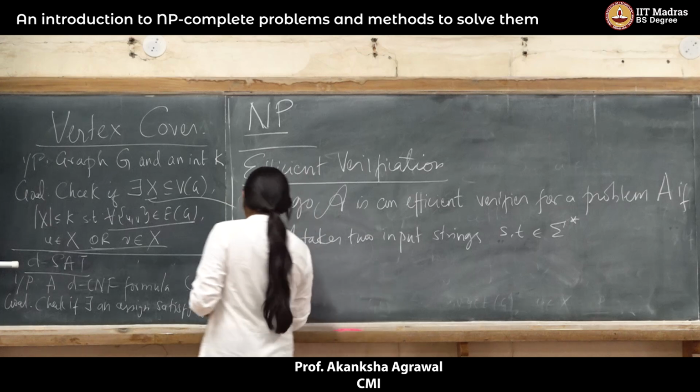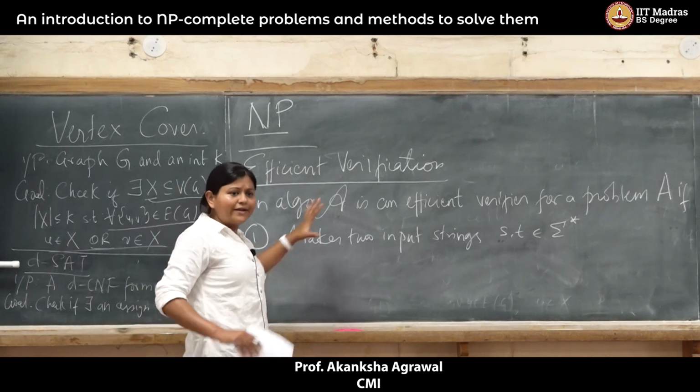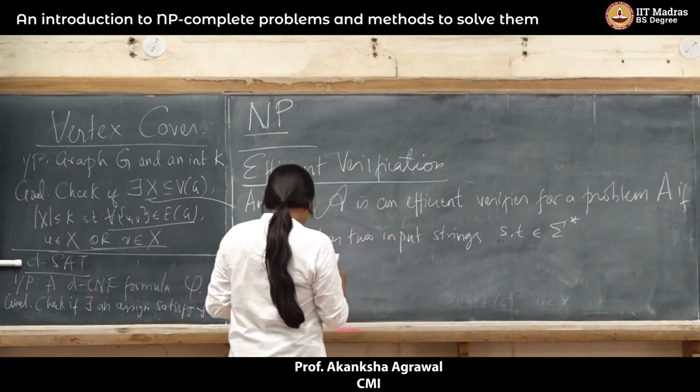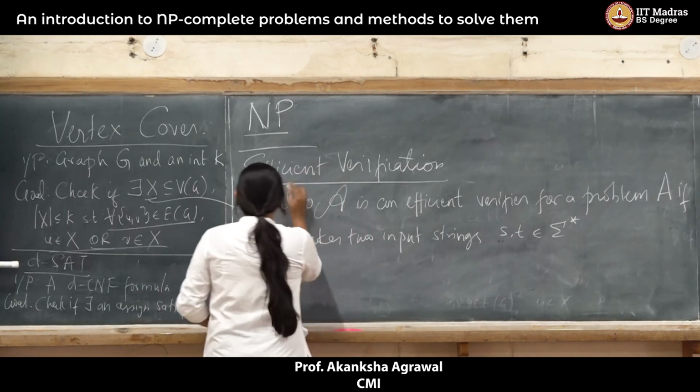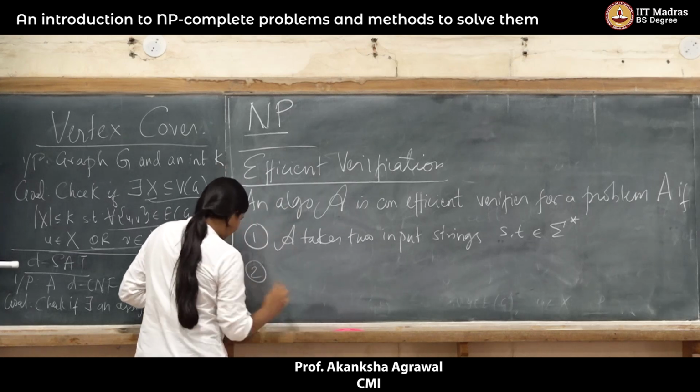Now, what is this algorithm A supposed to do? It takes two inputs, and it's a polynomial time algorithm. Anyway, I'll write it. It's okay.